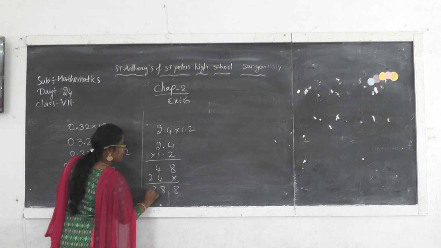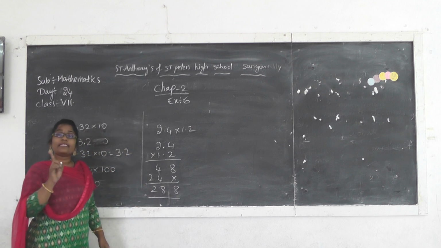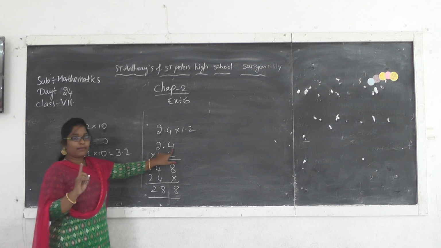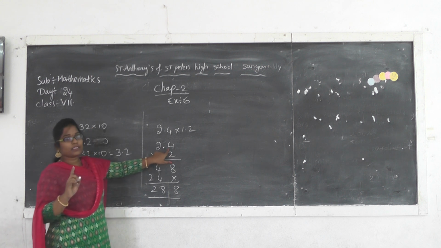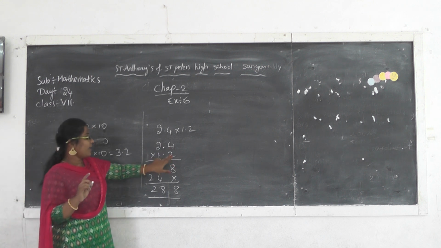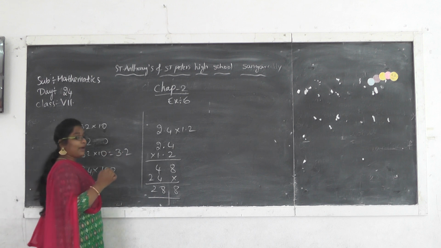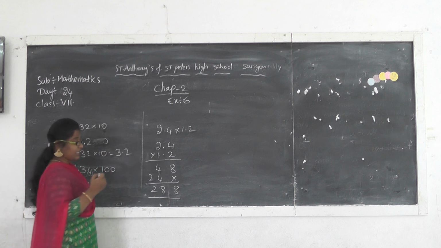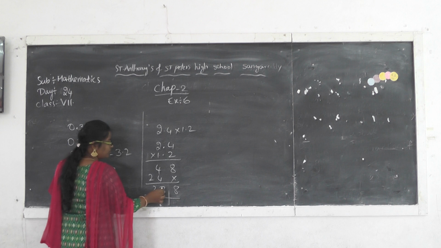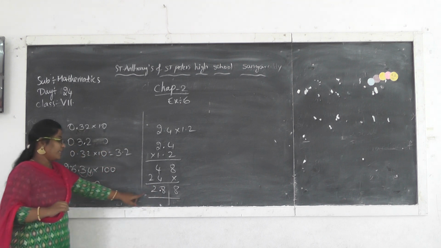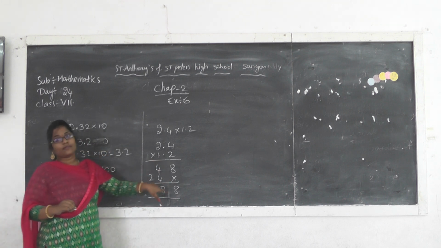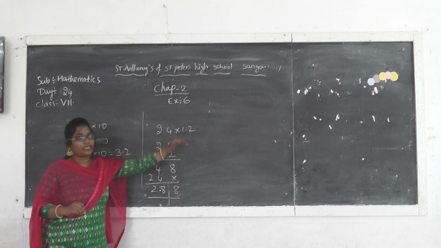So 8, 8, 2. Now count how many decimal part numbers there are after the decimal point. Here 1, here 1, total 2. So we count 2 numbers from the left side and keep the point. 1, 2. So keep the point here. The result is 2.88. In this way we multiply a decimal number with a decimal number.